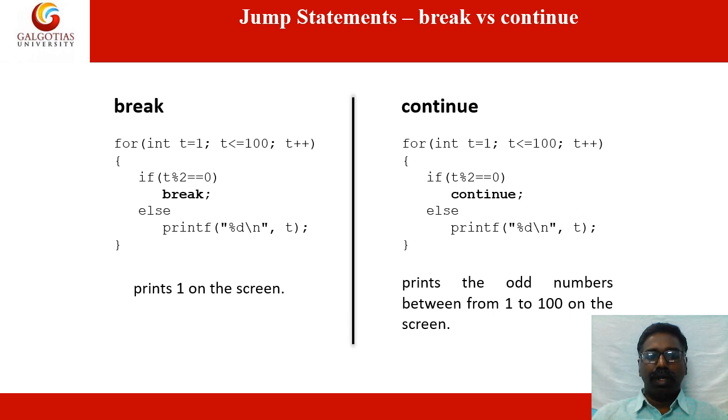As we know, the break statement will break the for loop here, so only one is printed on the screen. But here in the continue, it will bypass the code and go for the next iteration. So it will print all the odd numbers between 1 to 100 on the screen. So using the same set of code, the only difference is break here and continue there, and the output has a huge difference.